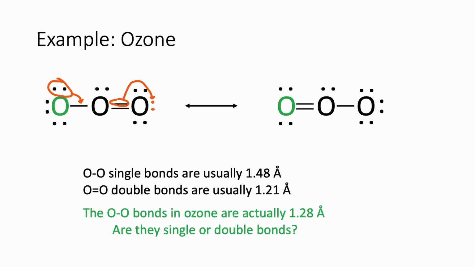And this just moves back and forth so quickly that it's essentially 1.5 bonds for each of them. That's what a resonance structure is. These are chemically equivalent structures. And the truth of what ozone is, is not one of these structures or the other structure. It is both of them, and it's just constantly interconverting back and forth.